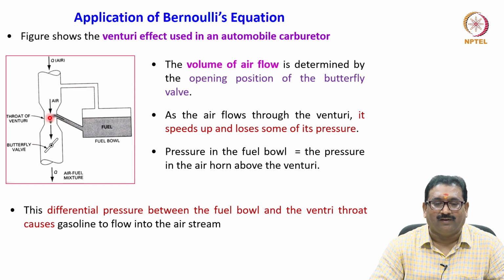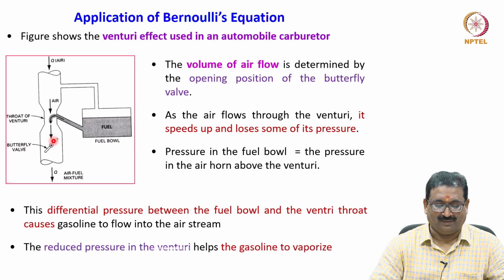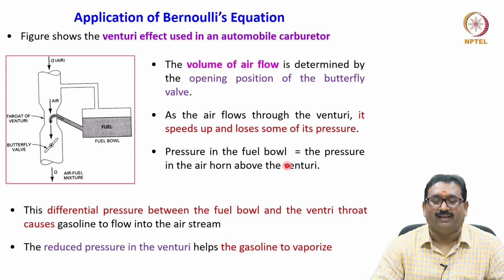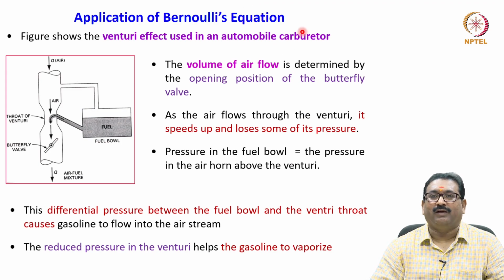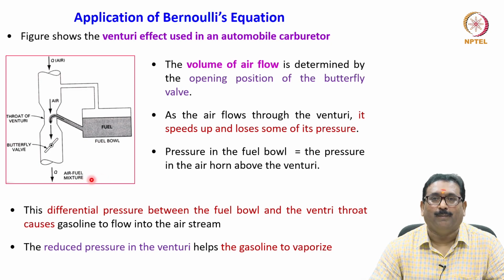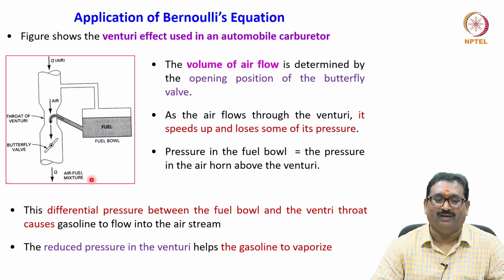Due to the differential area, it will flow into the air stream. The reduced pressure in the Venturi helps the gasoline to vaporize. This is the Venturi principle used in the automobile carburetor for proper air-fuel mixture. A very simple principle it is.